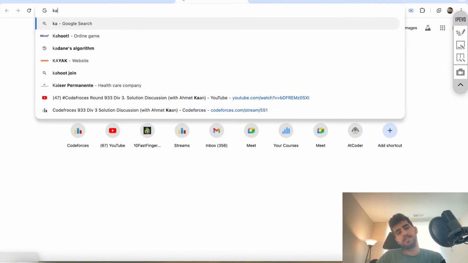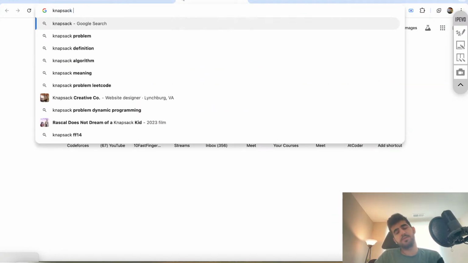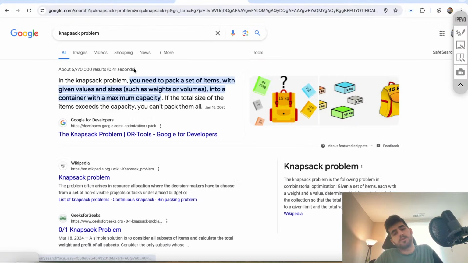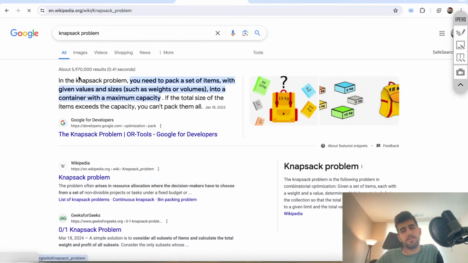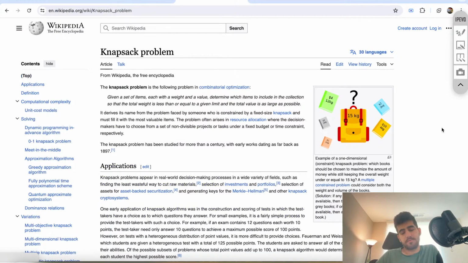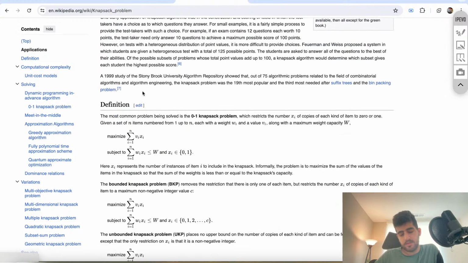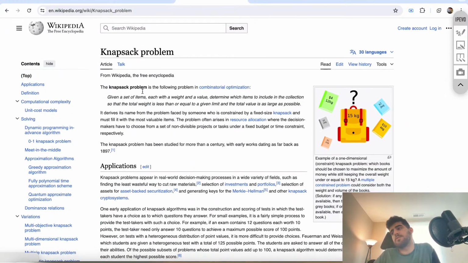DPs are completely knapsack problem. Maybe you can read it from Wikipedia. Read about the knapsack problem, and that gives you some insights about everything. And then the DP in this problem is going to be very easy.